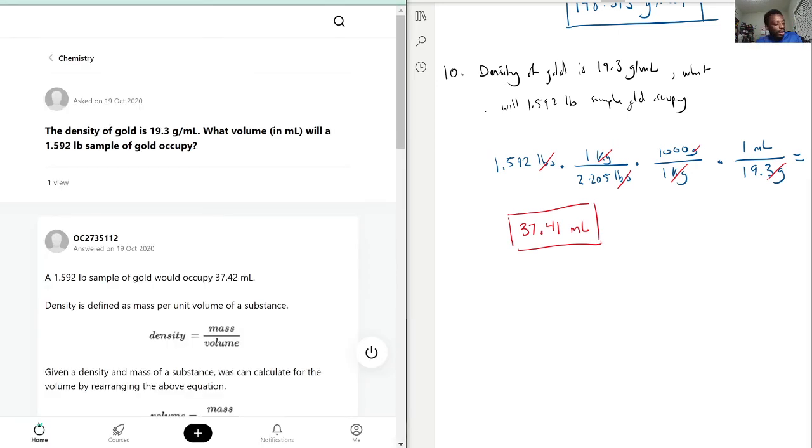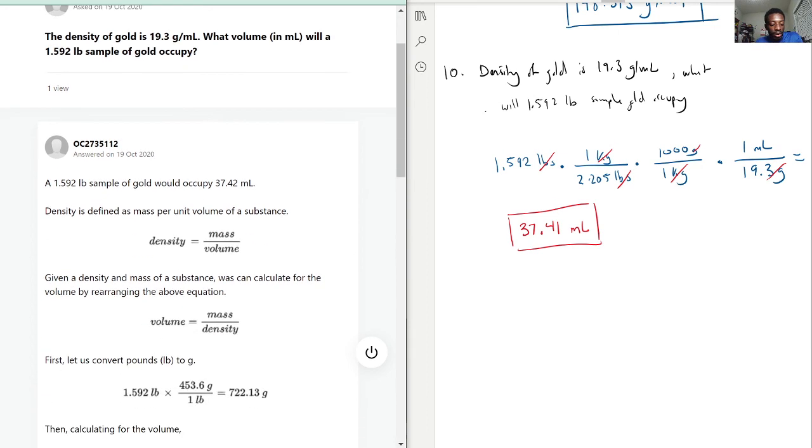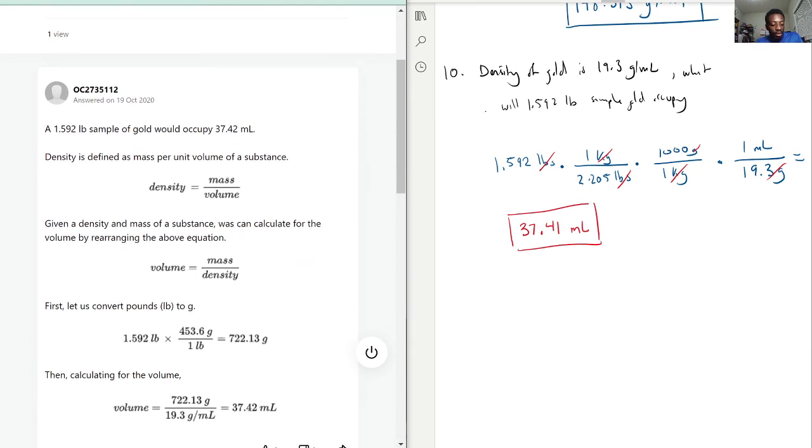As I said, they got 37.42, so maybe there was a little bit of rounding on their part because I don't remember rounding on my part. It depends on how they converted the mass in terms of the pounds. So we have here 1.592 pounds, and they say there's around 453.6 grams per 1 pound. So they did like a direct conversion.